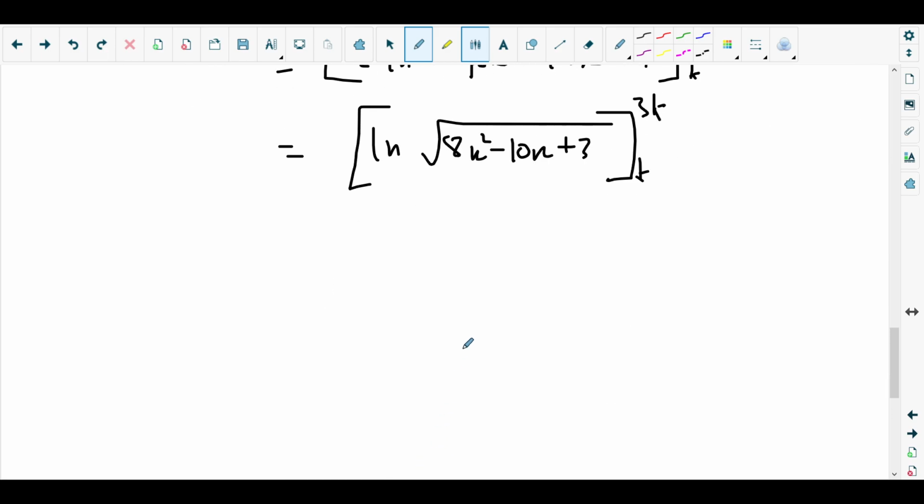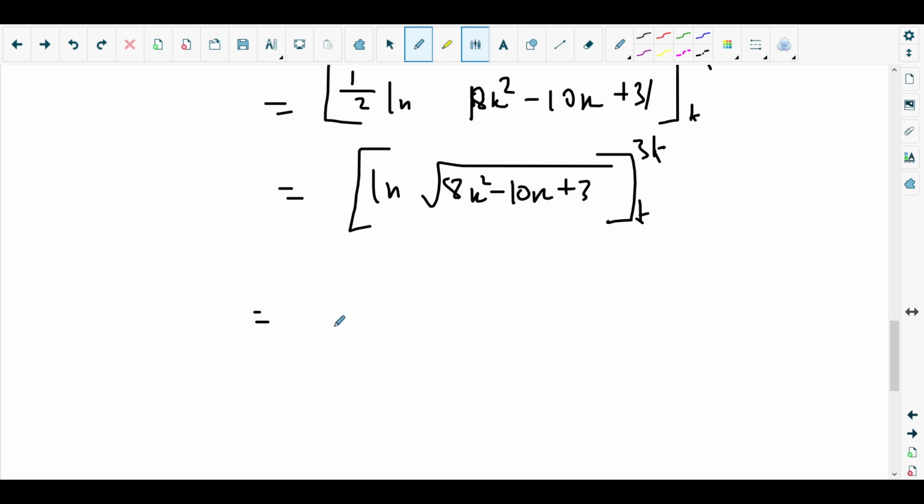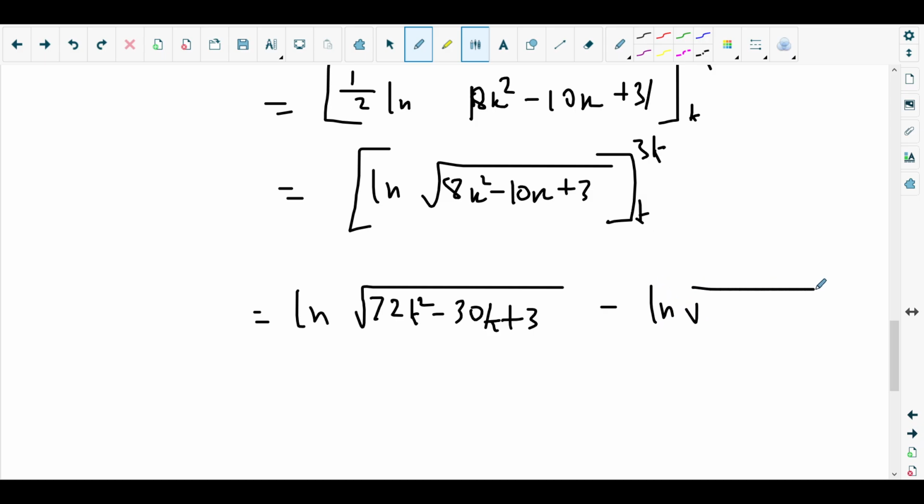If you put the limits, you get ln square root of 3k squared, so 9k squared, 9 times 8 is 72k squared negative 30k plus 3, minus ln square root of 8k squared negative 10k plus 3.